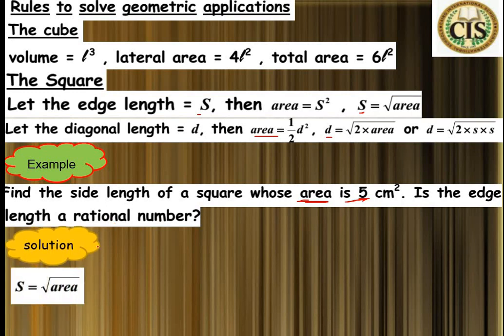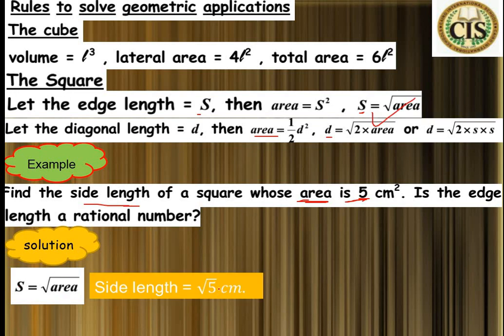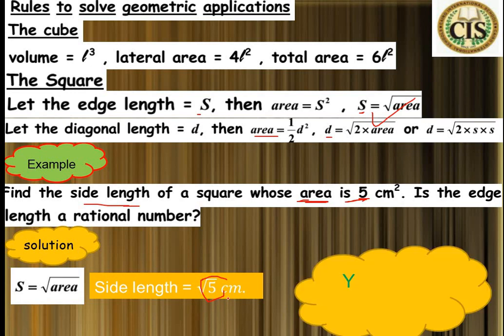To get the side length, we use this rule. So side length equals root of the area, then side length equals root of 5. Root of 5, can we simplify it? No. Therefore, root of 5 belongs to Q dash, and it is not a rational number.